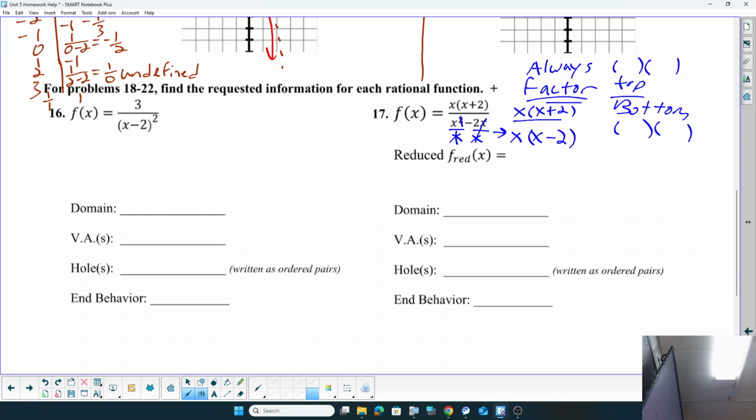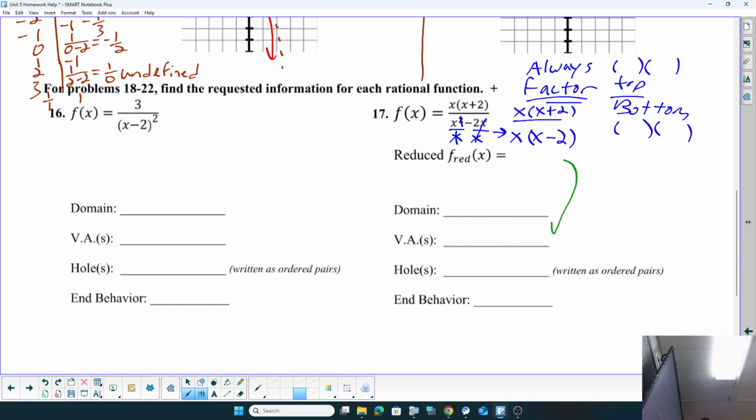So that is our reduced function, right? And so what's going to happen is that we're going to have something cancel on the top and the bottom, right? So we're going to have x equals 0 be a vertical asymptote, as well as x equals 2.